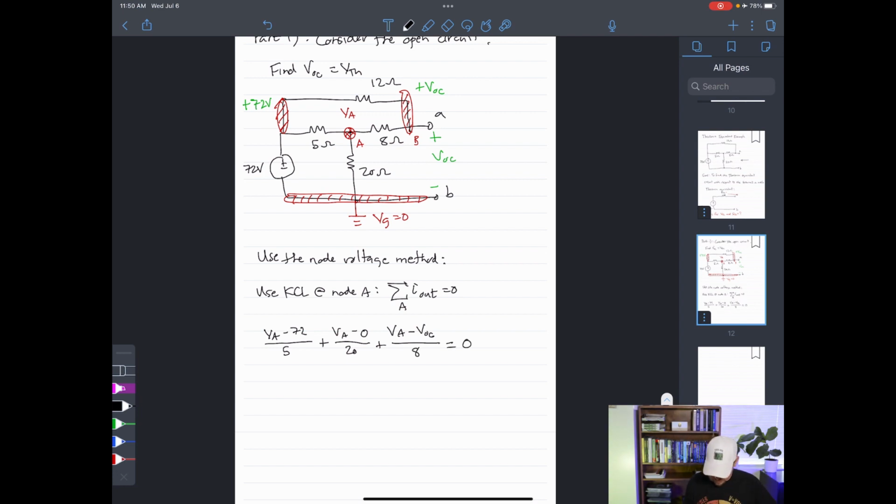Now, one thing that we can do to clean this equation up, at least slightly, is multiply everything through by a common denominator, and then I'll group terms very nicely. So the common denominator here should be 40. If I multiply everything through by 40, 40 divided by 5, well, that's 8, so this is 8 VA, and then 8 times 72, I can't do that in my head.